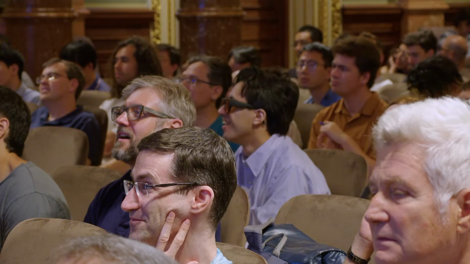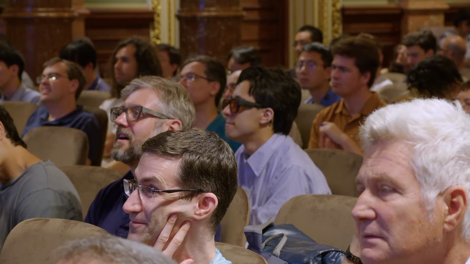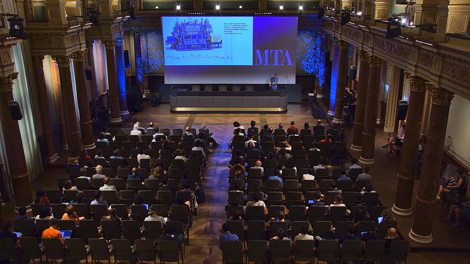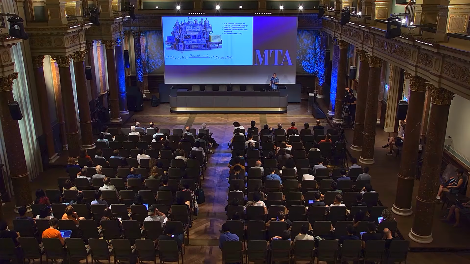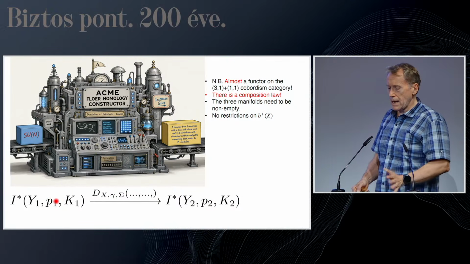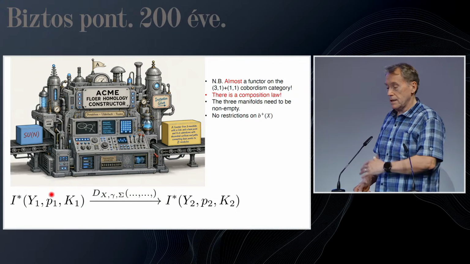It turns out that actually the story is much smoother if you add a base point. So you have to add a base point to your 3-manifold, not to your knot. You could do it to your knot, that's a different story, but you have to add a base point to your 3-manifold. And then there's a rather robustly defined theory. As long as your 3-manifold has a base point, it makes sense.